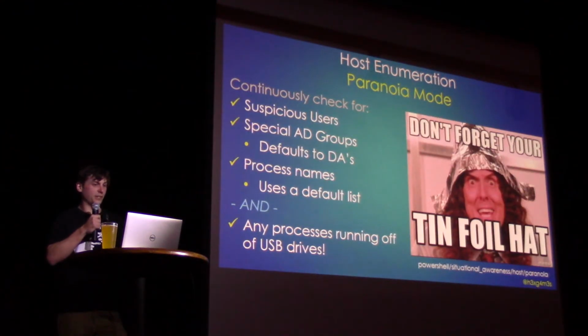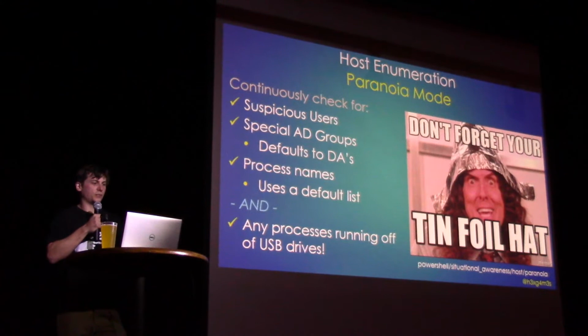Depending on who you're up against, there's the Paranoia Mode that you can run Empire in. This sets up a scheduled task that will continually check for any users you define. If you know someone's going to be hunting you, it'll alert you, and you can either kill off your shell or give it some command to run. By default, it'll check if any DAs log in while you're on a host.